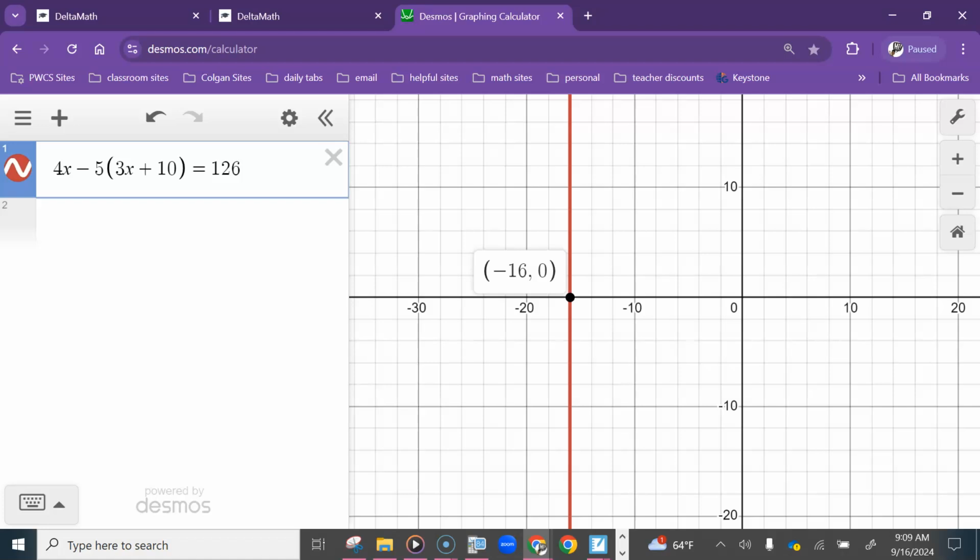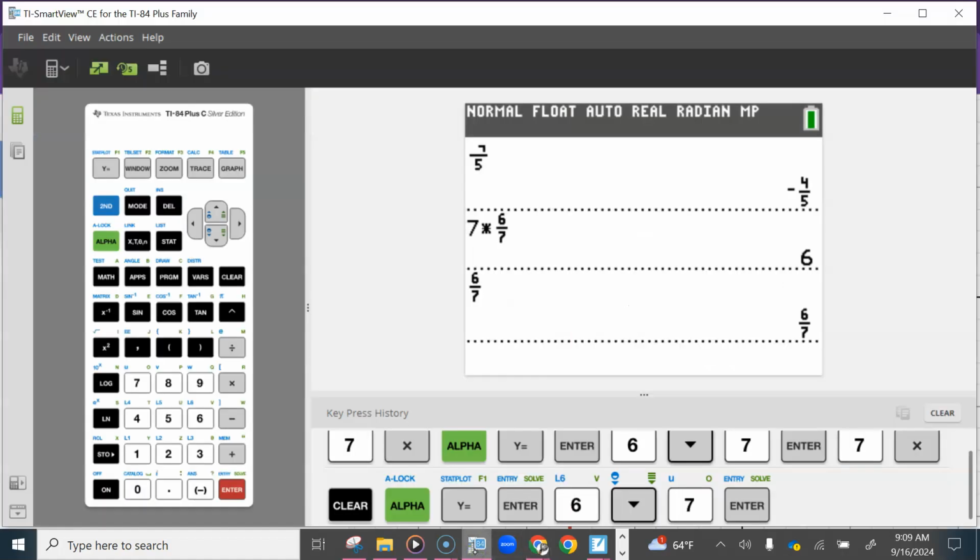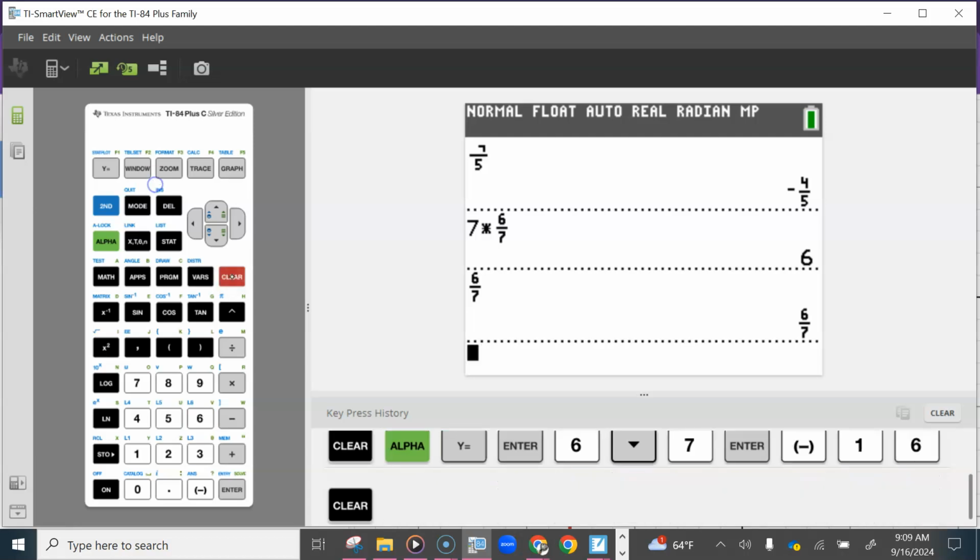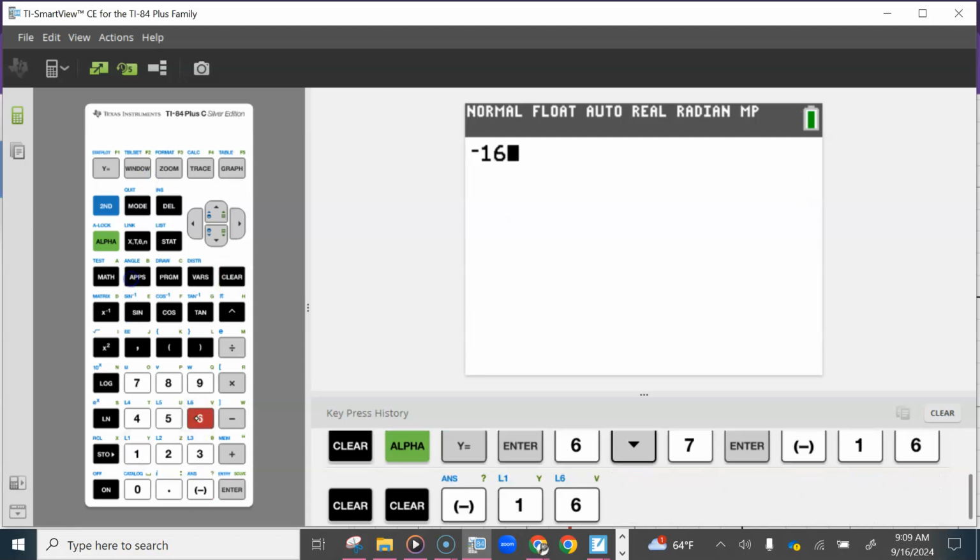In the calculator, we know that m was -16. So you can use m, you can use x, it doesn't matter. So everyone do this. Put -16 and then you're going to hit this STO button above on. A little arrow should pop up.